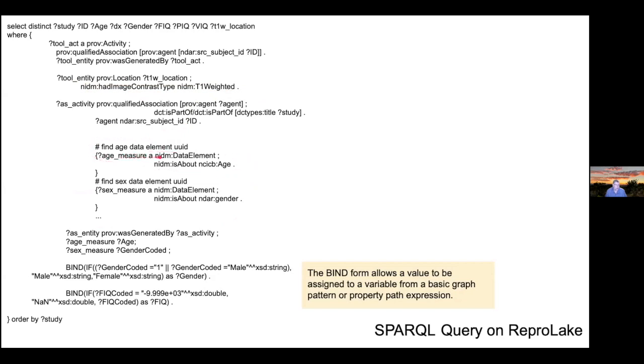So the age measure is a data element connected to that research subject, right? And this age measure is defined through the fact that the data element says that it is about age. So remember, this is all a graph structure. So we have a node that is a data element, right? That data element node says, I am about age, right?